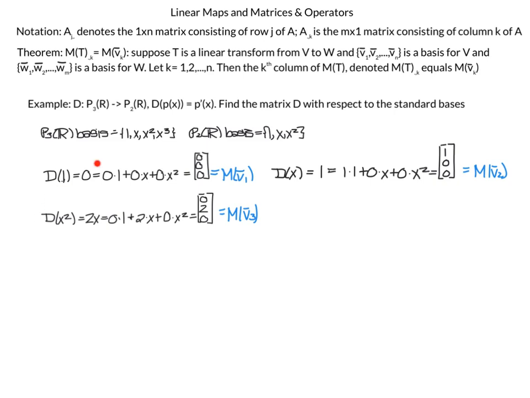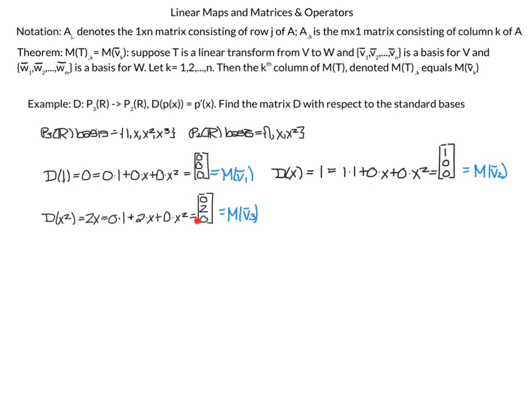For my third basis vector, that's x squared, the derivative of x squared is equal to 2x. Now, again, we've taken the derivative, so we've moved over to our new space, which is P2. So writing 2x as a linear combination in our new basis, that's 0 times 1, 2 times x, and 0 times x squared. So our coefficients are 0, 2, 0.